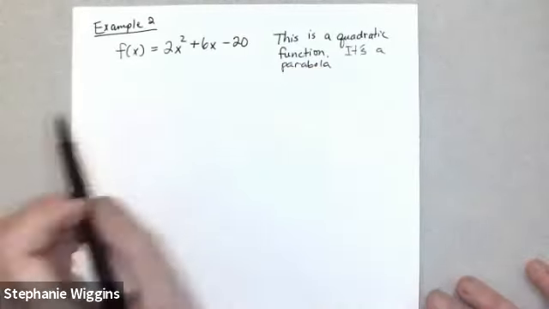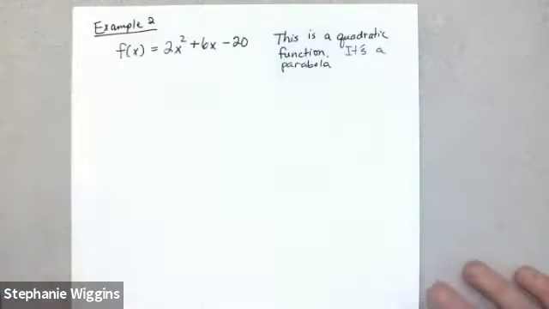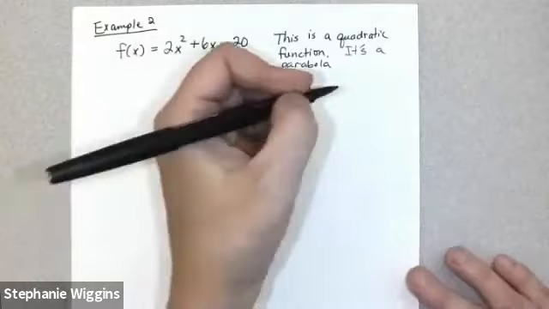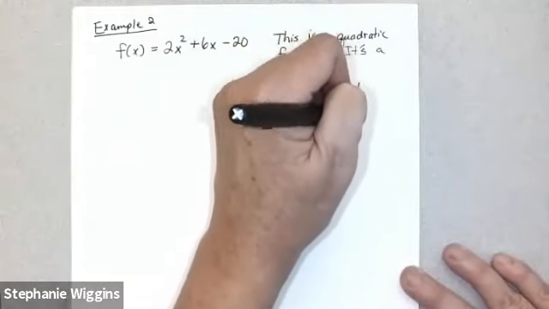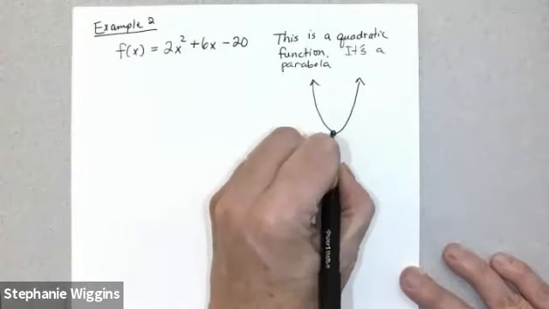And I'm not going to take the time to figure out what the vertex is and go through that whole process of graphing it because that's not my main point here. But we do know it's a parabola and we do know that it opens up because this constant here is positive. So I'm not going to graph it. I'm just going to draw a picture of a parabola just to give you an idea. It has a vertex.